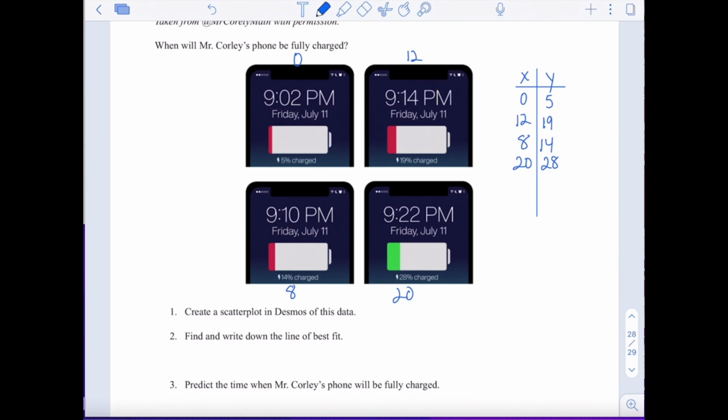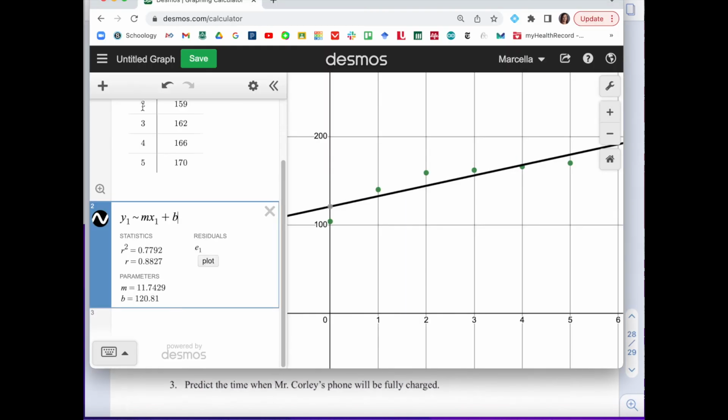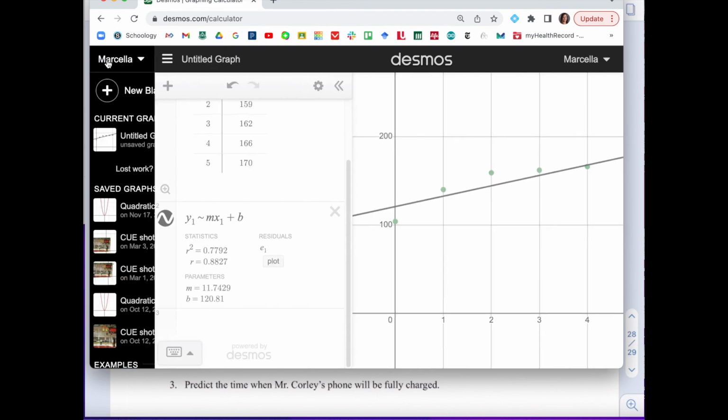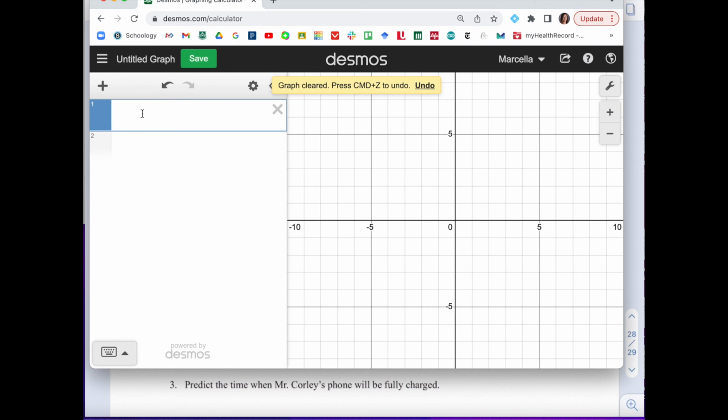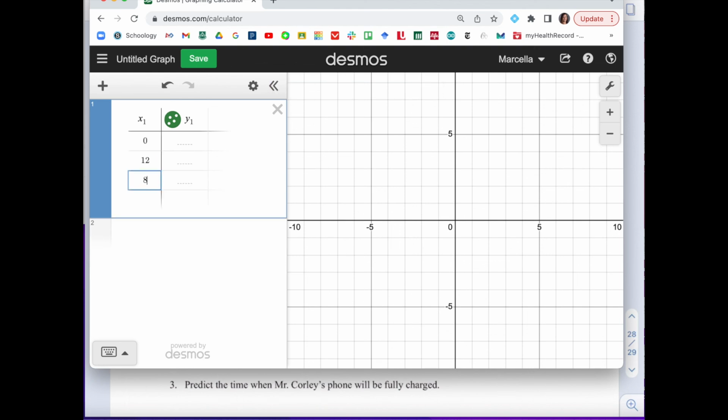So what we're going to do is go back to Desmos. I'm going to start a new blank graph. I'm going to type in table. I have 0, 12, 8, 20, 5, 19, 14, 28.